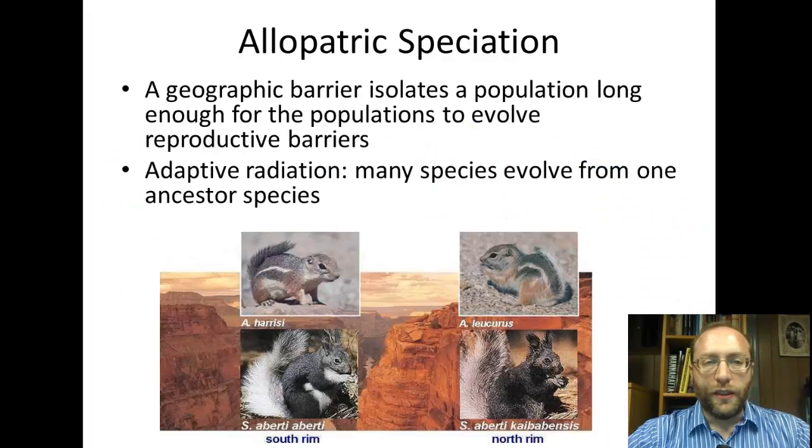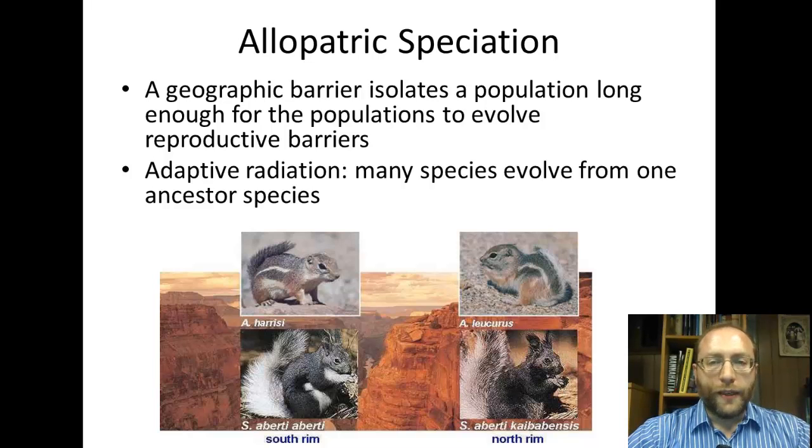Allopatric speciation is one form of speciation, and here a geographic barrier isolates a population long enough for the populations to evolve reproductive barriers. The example that I have in the diagram here is the barrier of the Grand Canyon.